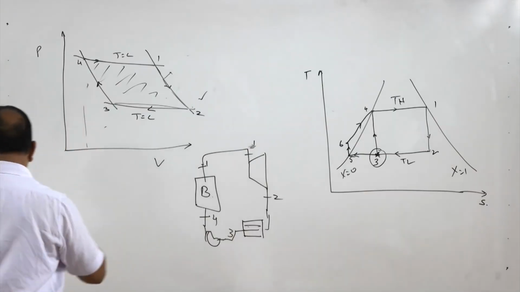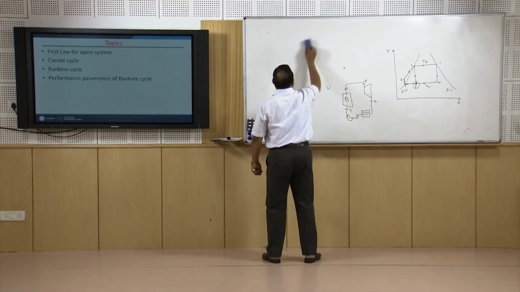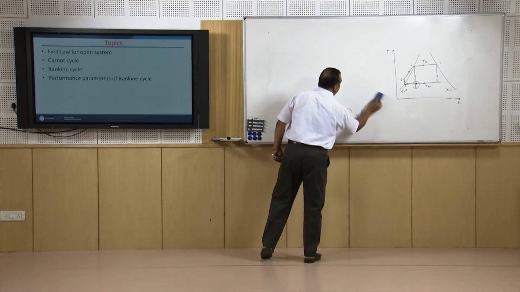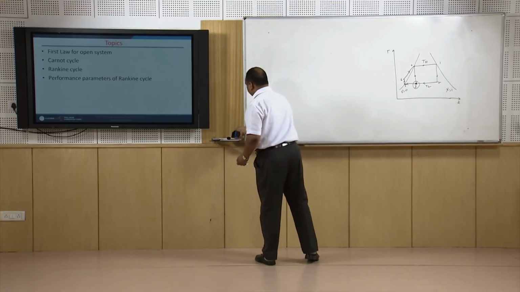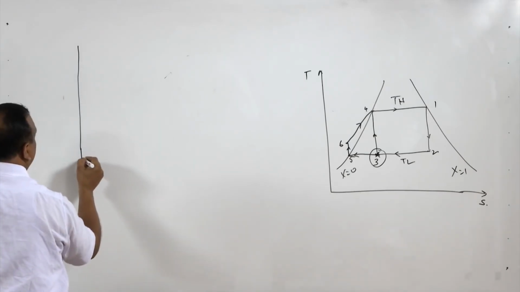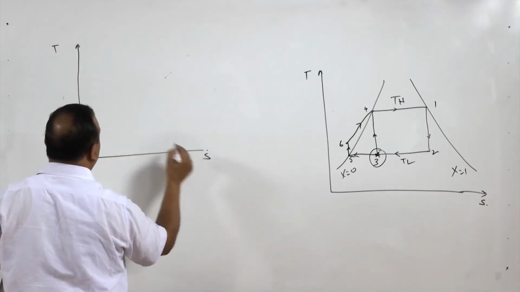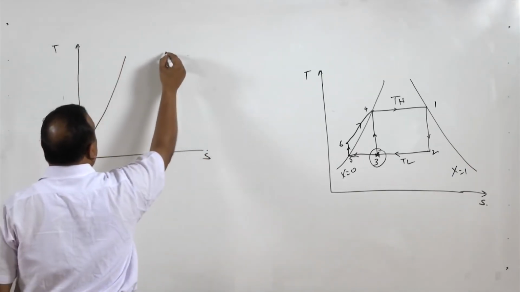So now this Carnot cycle is modified as the Rankine cycle. If we show this cycle on a PV diagram, it is going to be like this. Sorry, on a temperature entropy diagram, this is going to be like this.